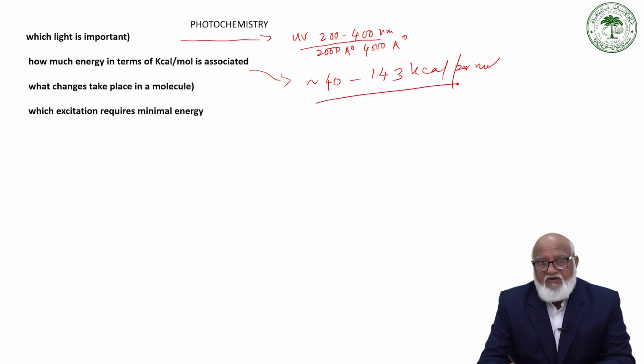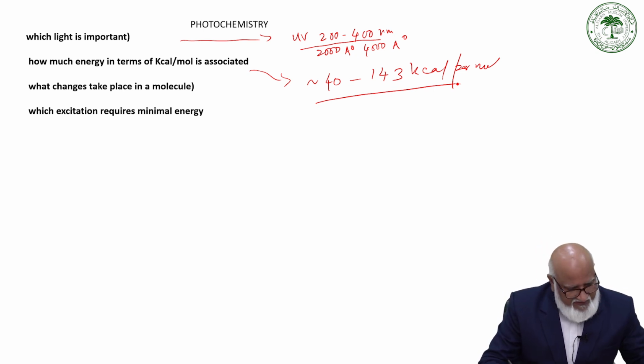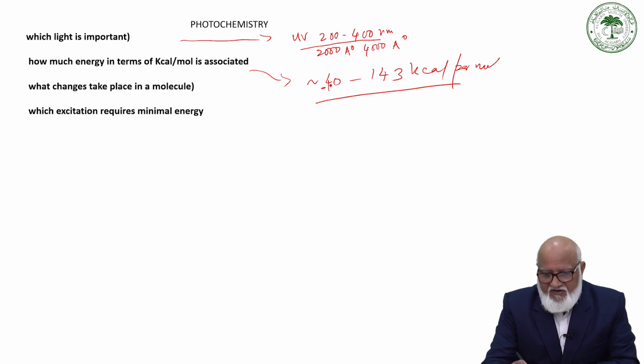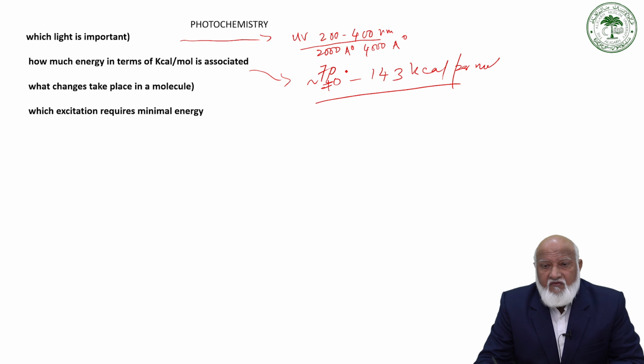So when we shine UV light, we are giving energy equivalent to around 70 to 143 kilocalorie per mole. This much energy you are giving to the molecule.